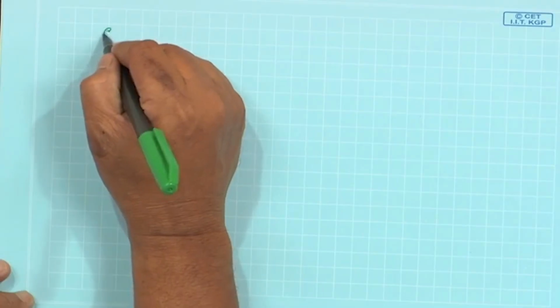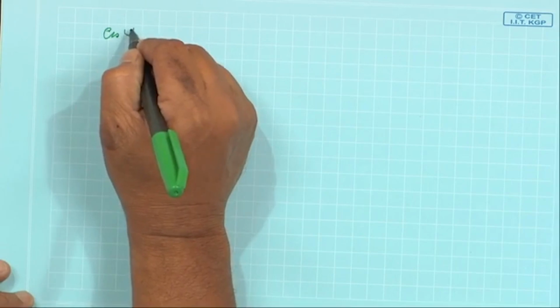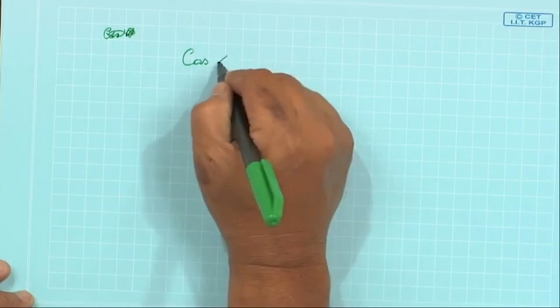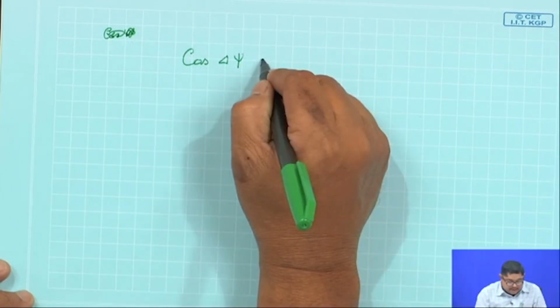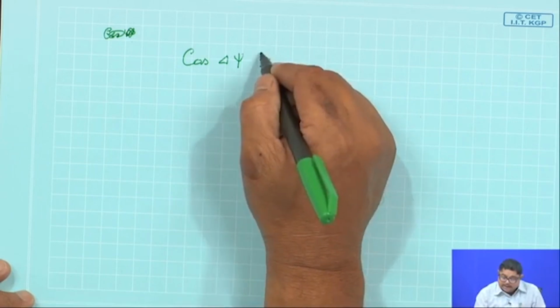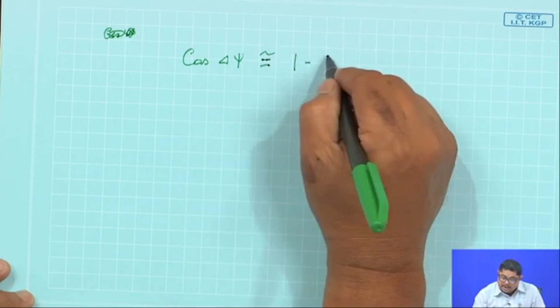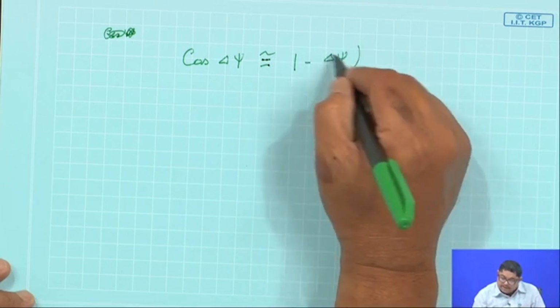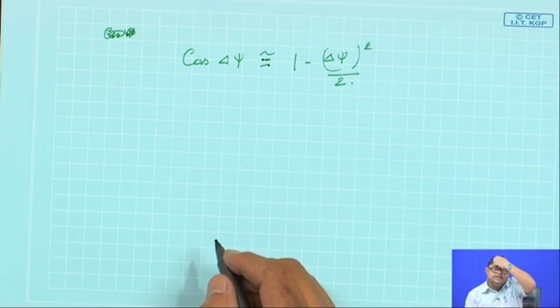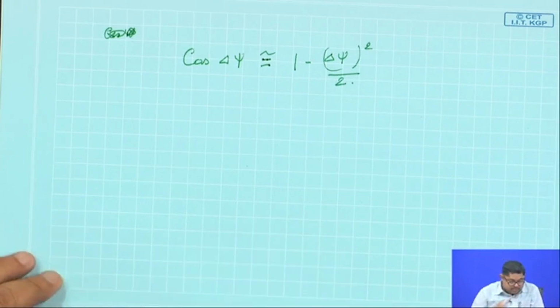Okay. Now, for small delta psi, we can write cos delta psi, that can be approximately written by series expansion as 1 minus delta psi square by 2, cos x is equal to 1 minus x square by 2.